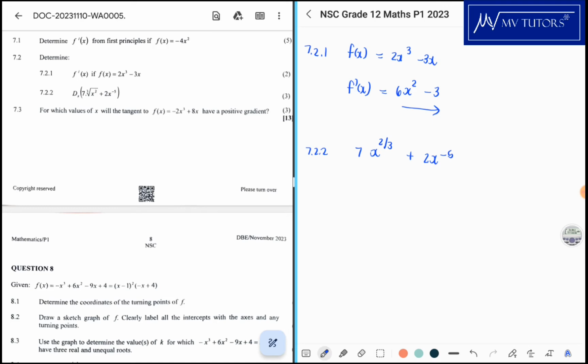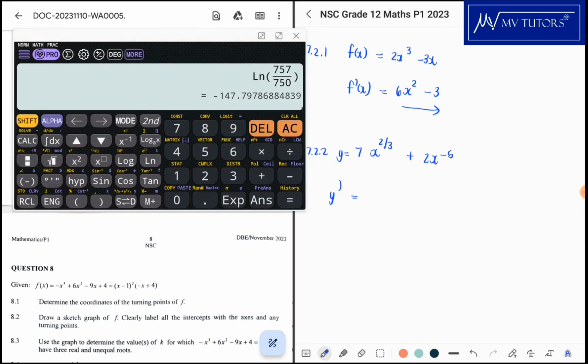Okay, so now when we get the first derivative, let me just say y is equal to. So that's basically going to be 2 over 3 times 7. That is 14 over 3.